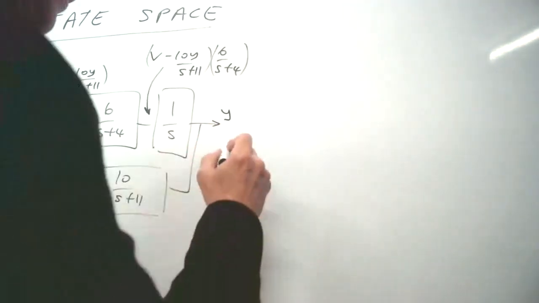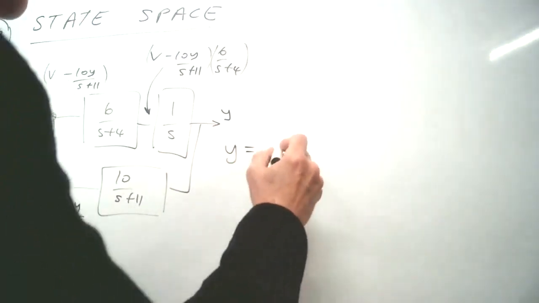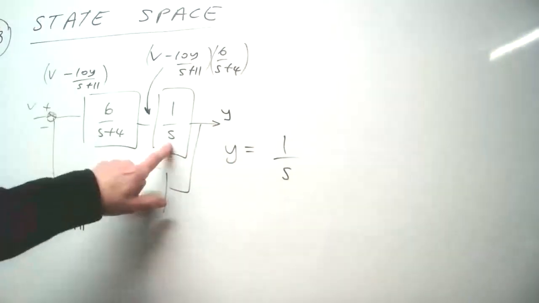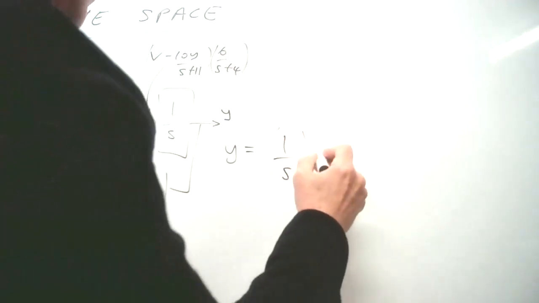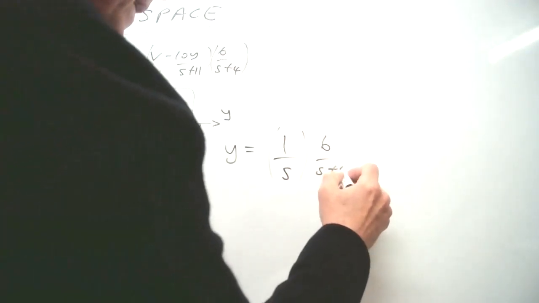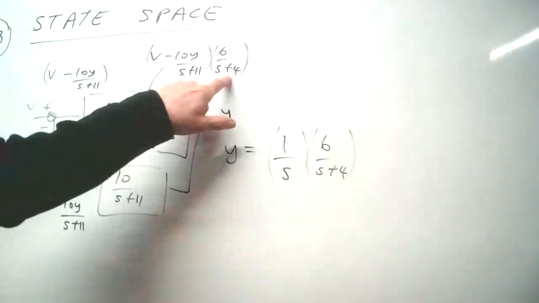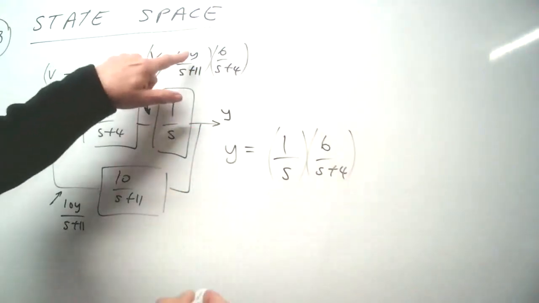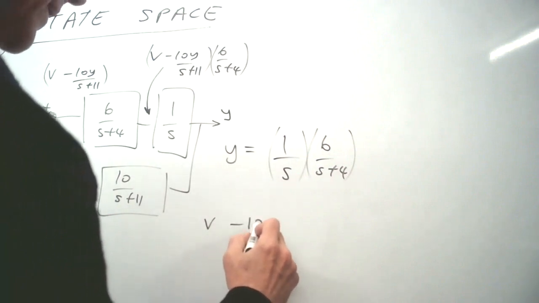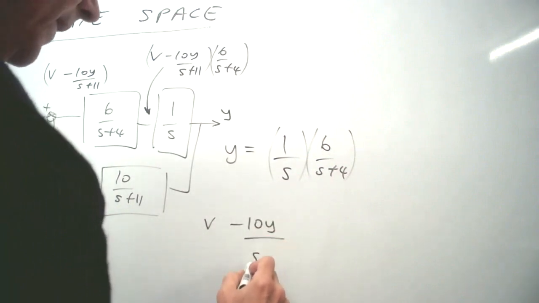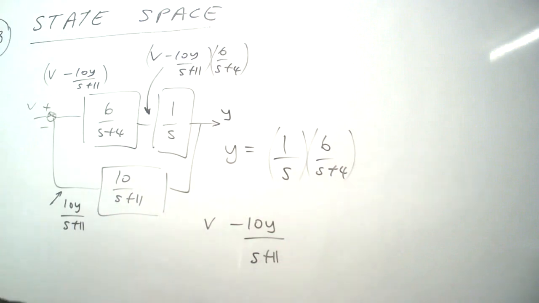So I get y equals 1 over s times this thing here. So it's going to be 6 over s plus 4. And then just look at this part: it's v minus 10y over s plus 11. Now, this part we need to mess about with a little bit.